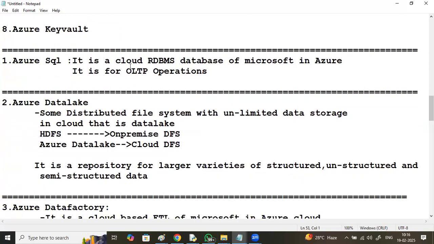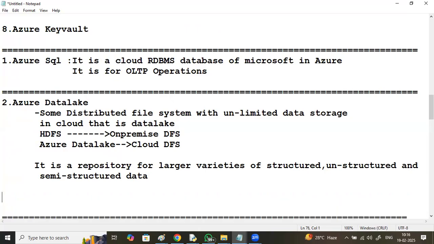The Azure SQL, I was saying the same thing. Azure Data Lake, right? It's a repository for large varieties of structured, unstructured, and semi-structured data. Fine. If I talk about this data lake, every cloud data lake provides some benefits.